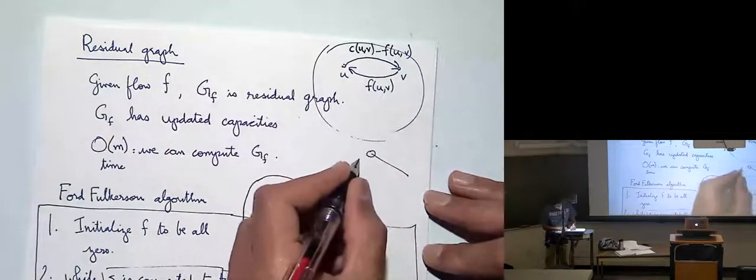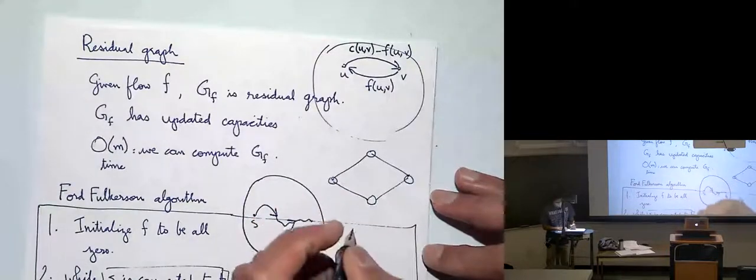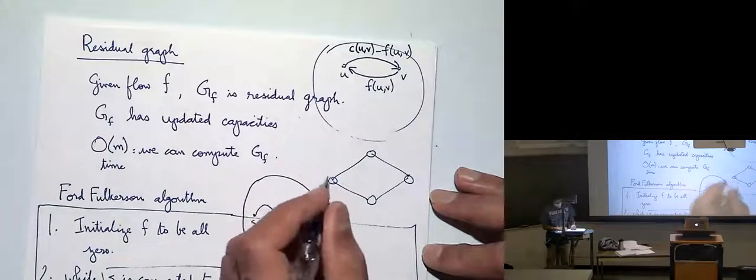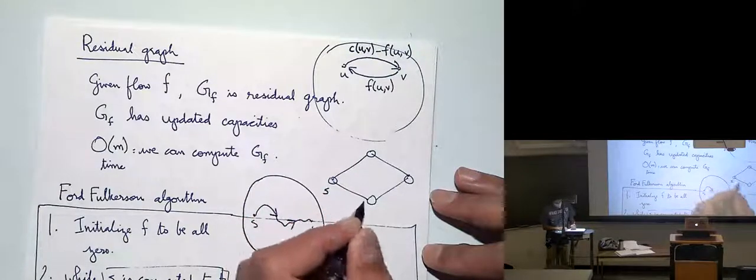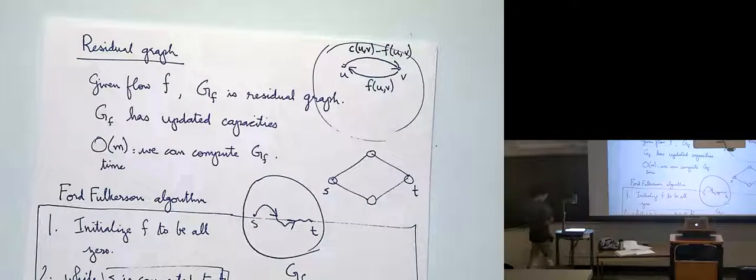Usually the simplest examples start with this diamond sort of construction. Okay, so suppose you did the following.